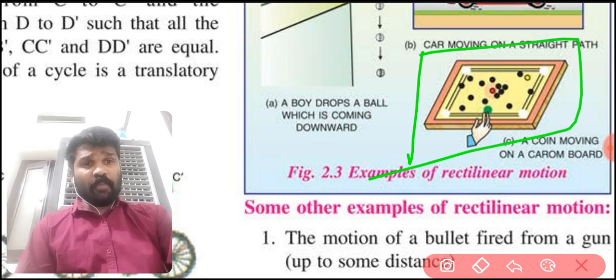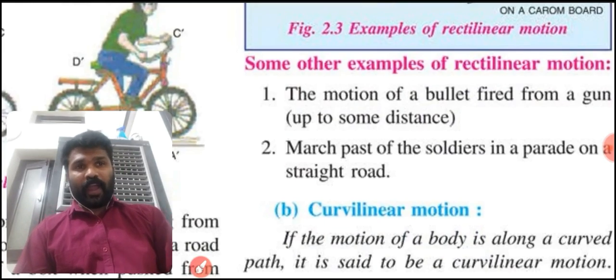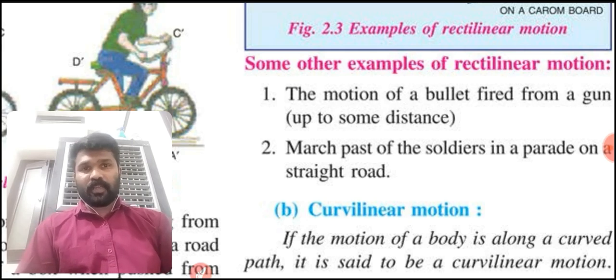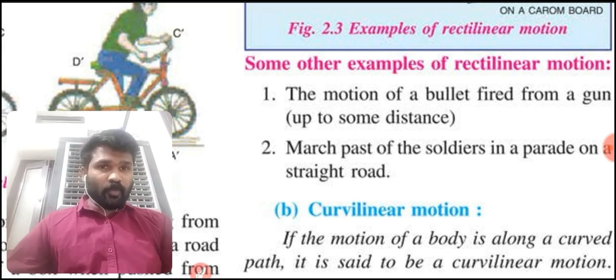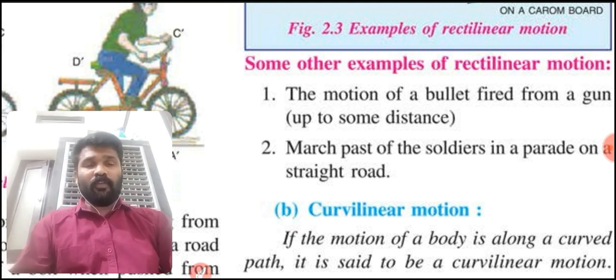Some other examples too. The motion of a bullet fired from a gun. Up to some distance, later it will come down, this bullet moves in a straight way. So this is a good example of linear motion or rectilinear motion.